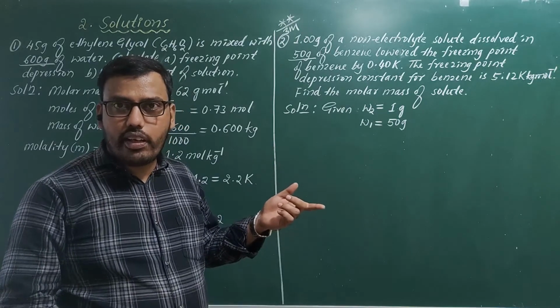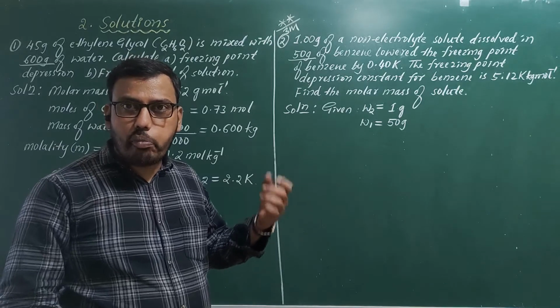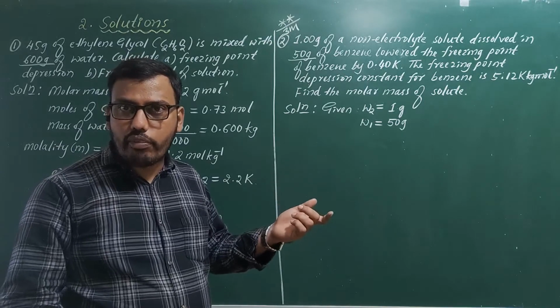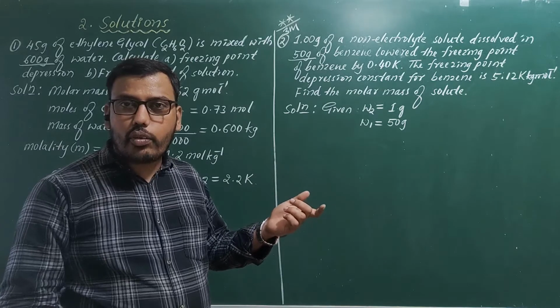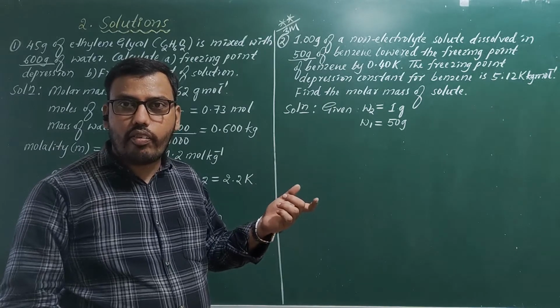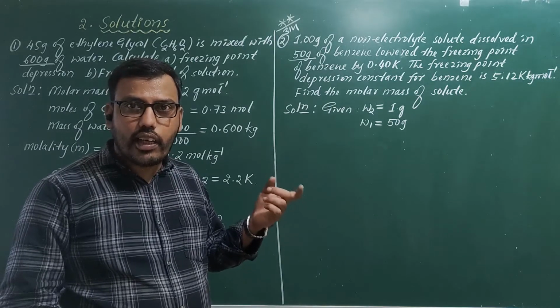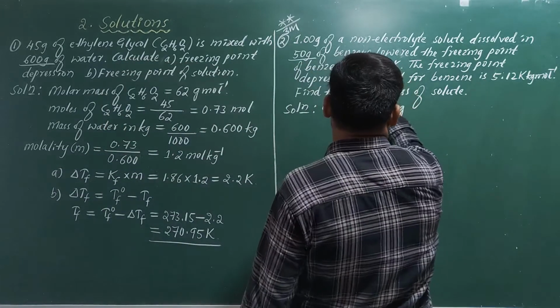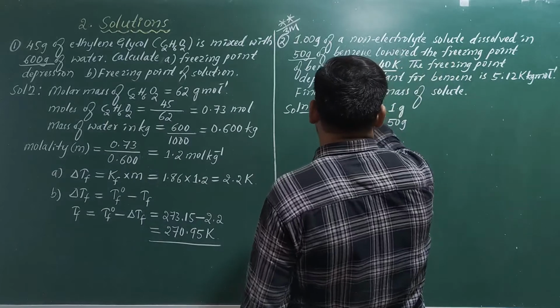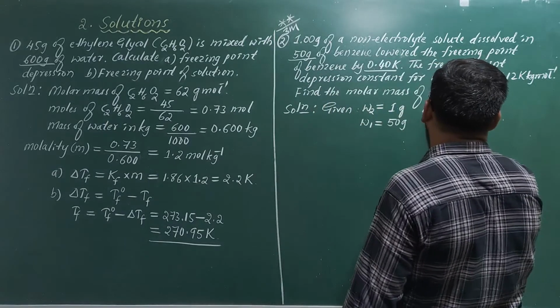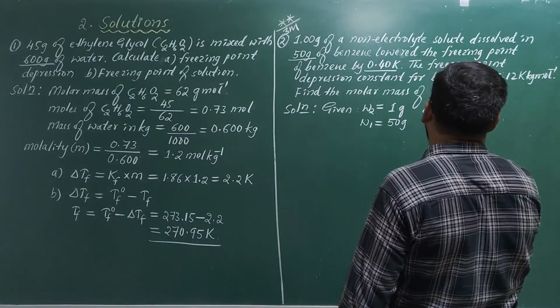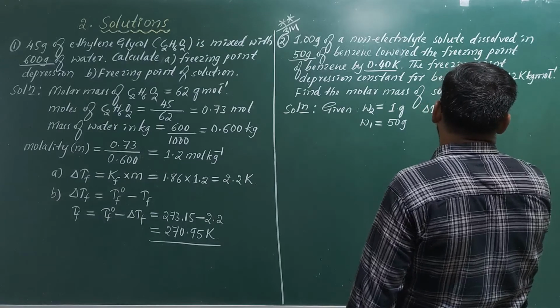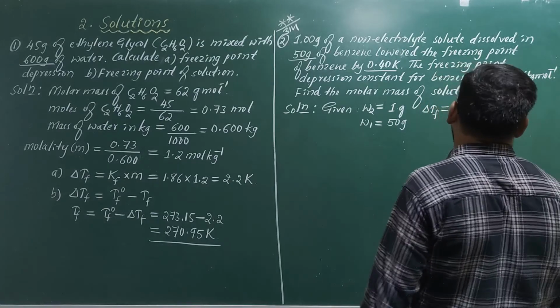Sometimes it may be given freezing point of pure solvent and freezing point of solution may be given. Then also you have to calculate for delta TF. So here delta TF is already given. So lowering of freezing point of benzene is nothing but delta TF, which is already given. Delta TF is 0.40 Kelvin.